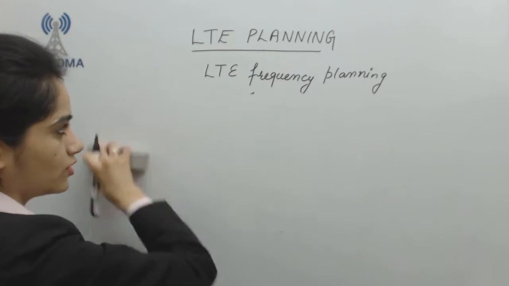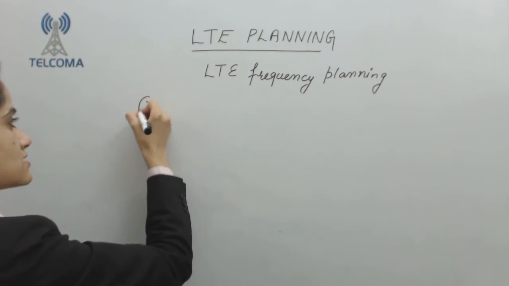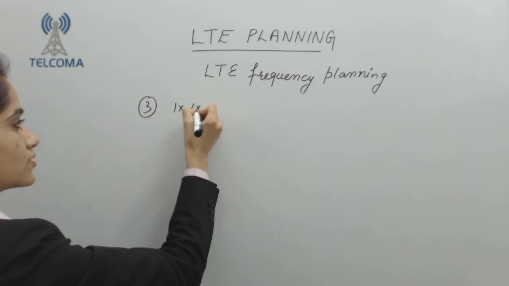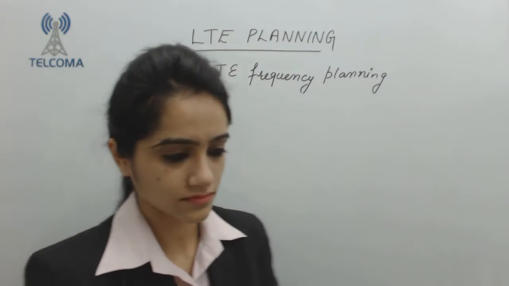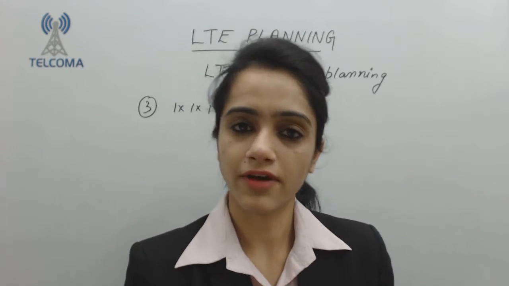Now the third mode is somewhat different. The third mode is 1 cross 1 cross 1. That means 1 eNodeB, 1 cell and 1 frequency.